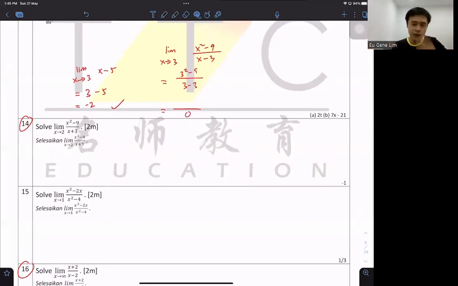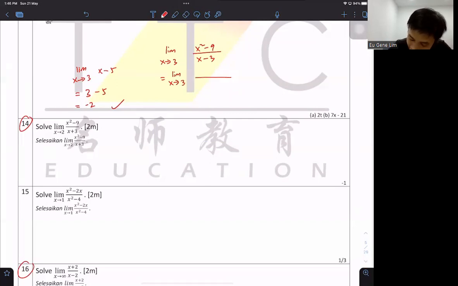So for this kind of question, you shouldn't sub first. You have to factorize. You don't sub first, you go and factorize. You see, x squared minus 9, you can factorize, it becomes x plus 3, x minus 3.